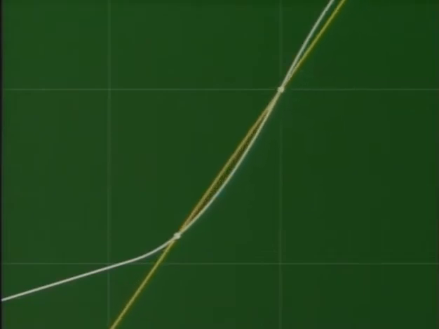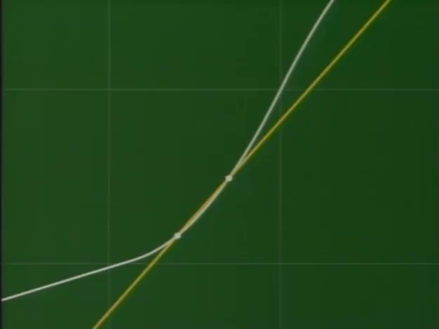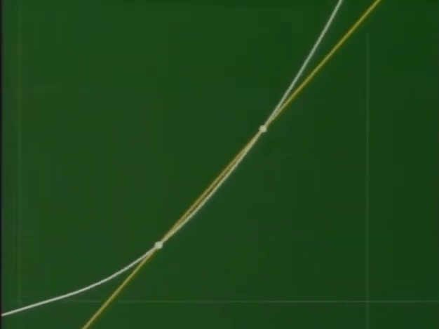If the first and second points are reasonably close, the chord is a reasonably good approximation of the bike's path. Now, move the second point closer to the first. Move it even closer. The slope is a number, and as the points get closer together, the number gets closer to a certain value.